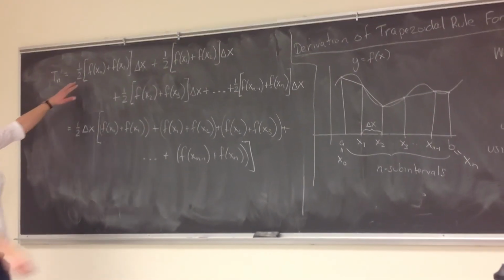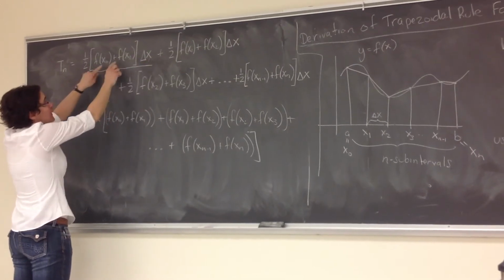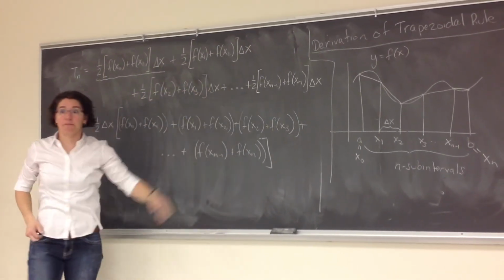All right, so on each of these terms, I have pulled out the 1/2 and the delta x, and then I've grouped the rest of the pieces together.